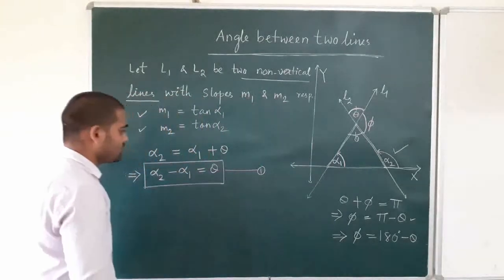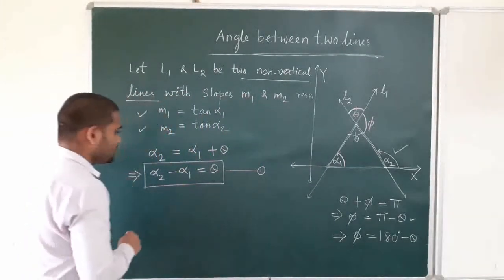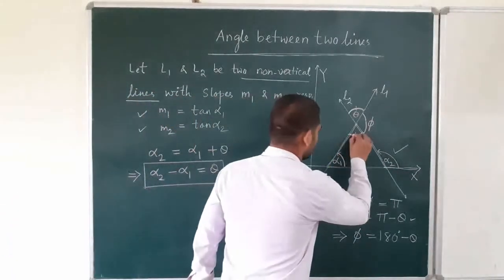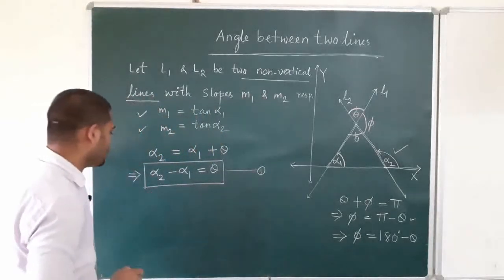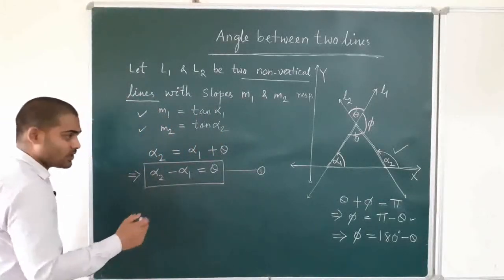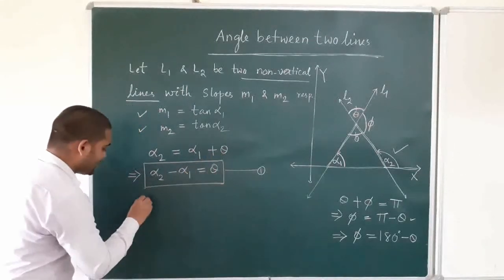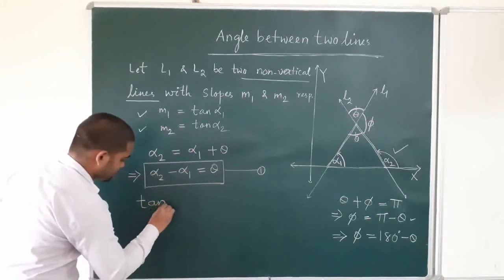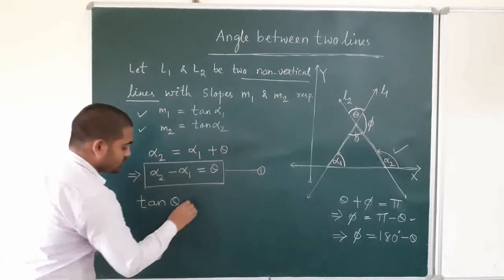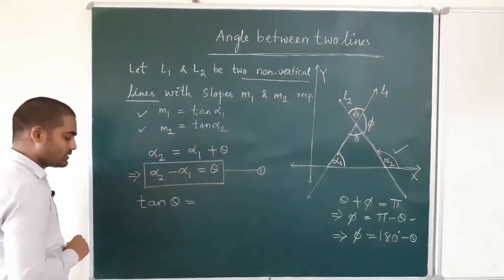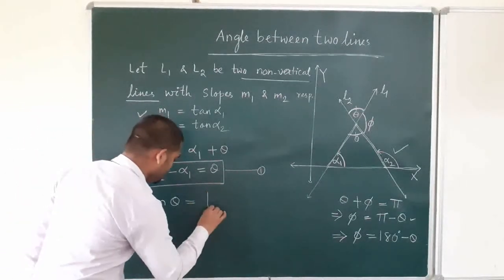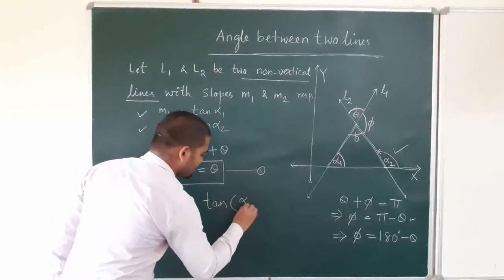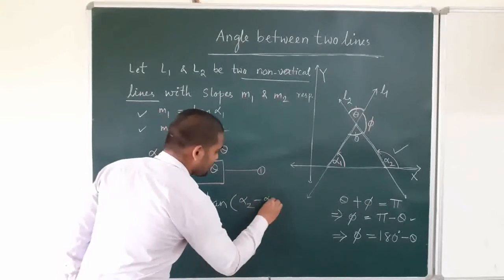Suppose we find tan theta. Tan theta is equal to tan of alpha 2 minus alpha 1.